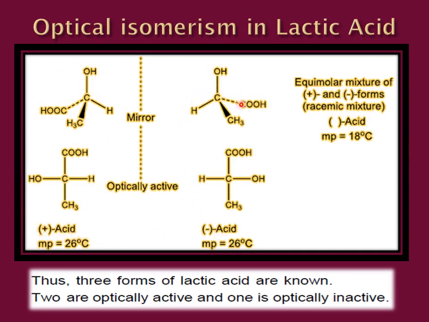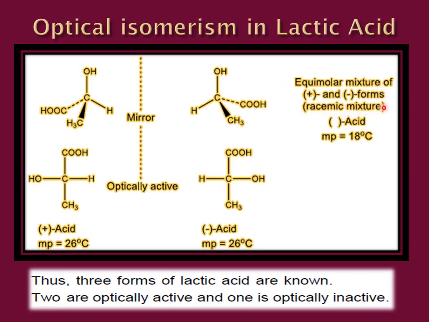Now students, if we take an equimolar mixture of both positive and negative, then it is going to be a racemic, means equimolar mixture. It is not going to be optically active because both of them are going to cancel out each other's effect due to the similar ratio.